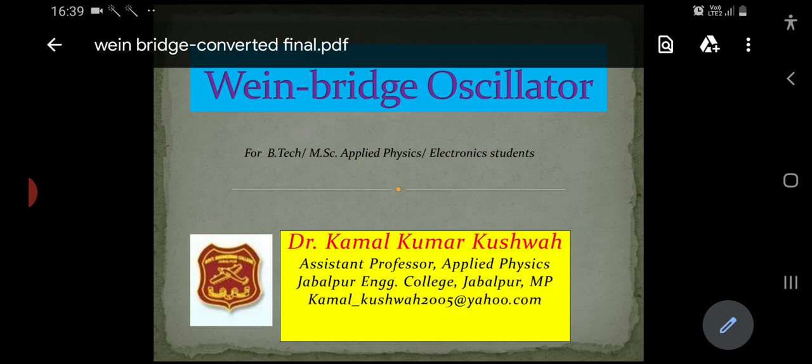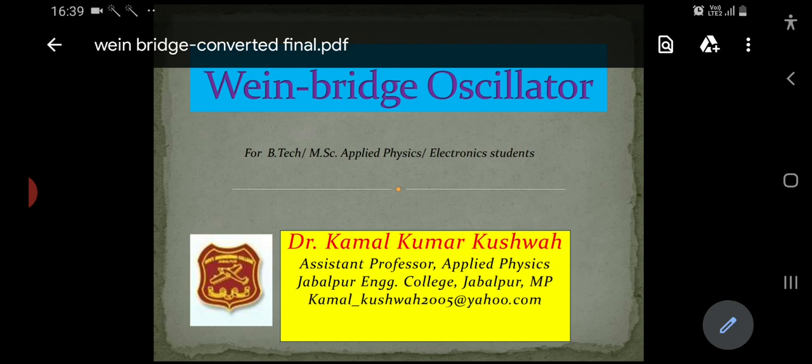So this is designed for BTech and MSc students. First, before starting, I would like to remind what an oscillator is. An oscillator circuit is a circuit which produces oscillation of a particular frequency in the output, and this type of circuit can be generated using a simple transistor or simple FET.